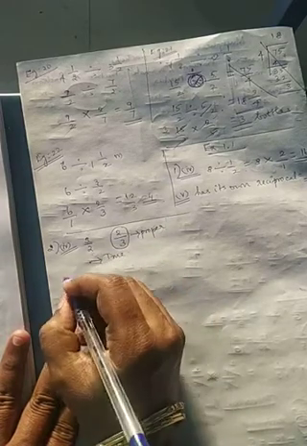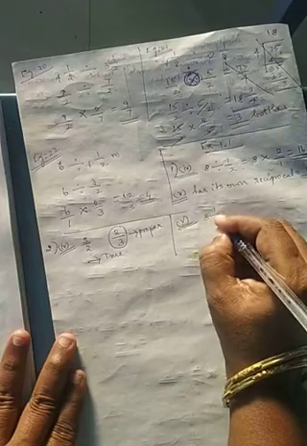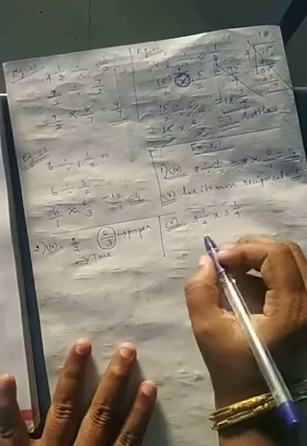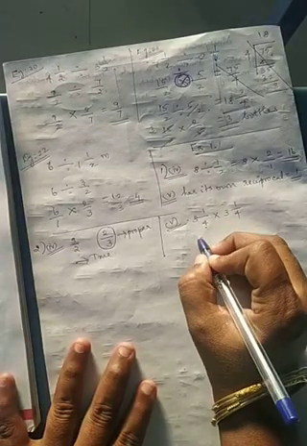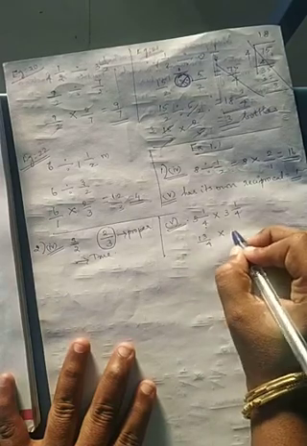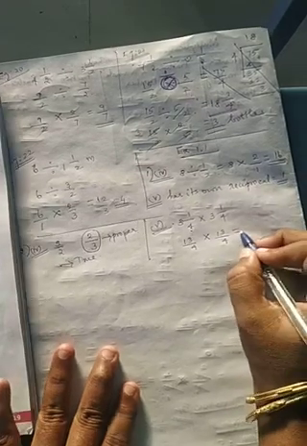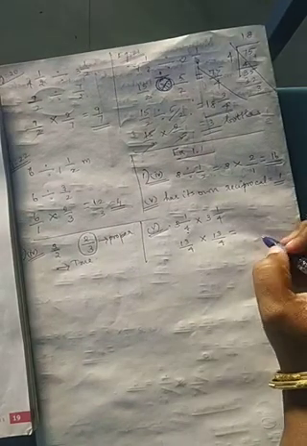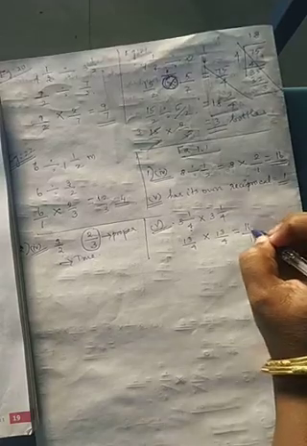Okay. Fifth one, look. Work it out and then decide what is the answer. 3 1 by 4 into 3 1 by 4. So first convert them from mixed fractions to improper fractions. 12 plus 1, 13 by 4 into 13 by 4. So what is this? 13 into 13, you will have one big number, and 4 into 4 you will be having the denominator as 16. 13 13s are 169.